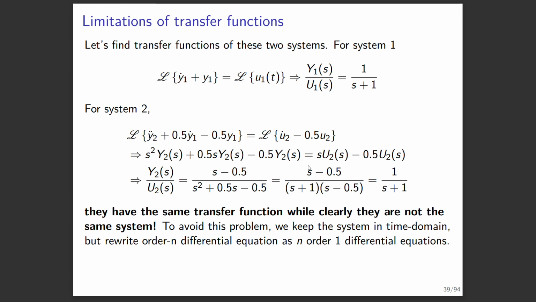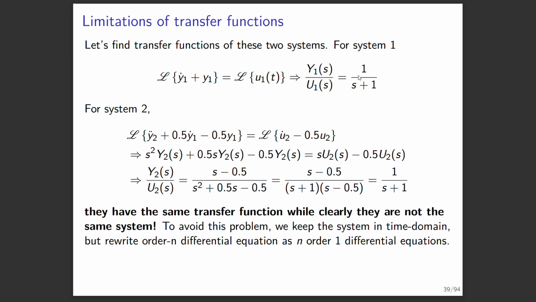So then if I write down the fraction, the transfer function, I'm going to have (s minus 0.5) divided by (s squared plus 0.5s minus 0.5). I can write the denominator as (s plus 1) times (s minus 0.5), then this s minus 0.5 and this s minus 0.5 would simplify, and what's going to remain is 1 divided by s plus 1, okay? Which is what I had here too.